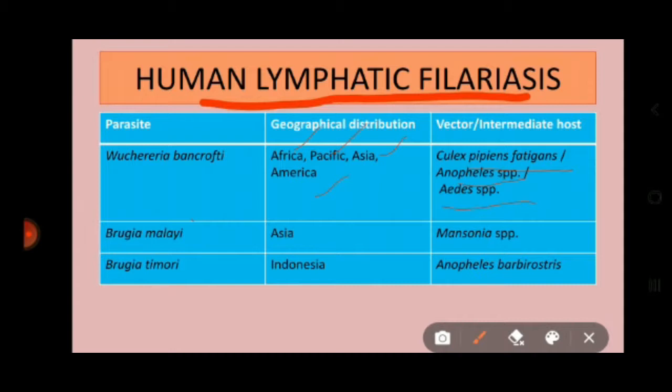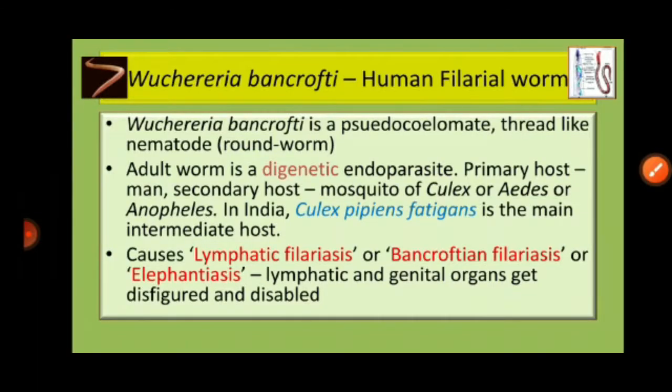The second parasite which causes lymphatic filariasis is Brugia malayi, which was identified in Asia and whose vector is Mansonia species, and Brugia timori, which is endemic in Indonesia and whose vector or intermediate host is Anopheles barbirostris.